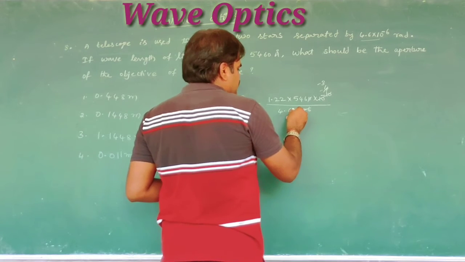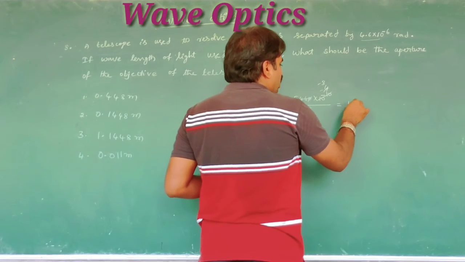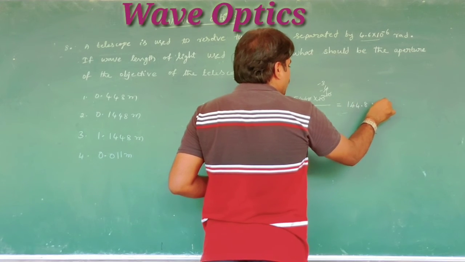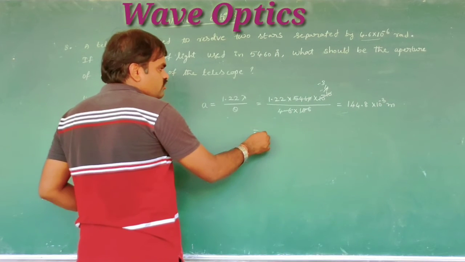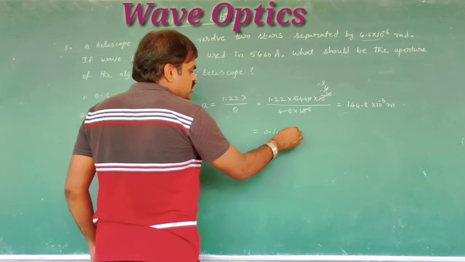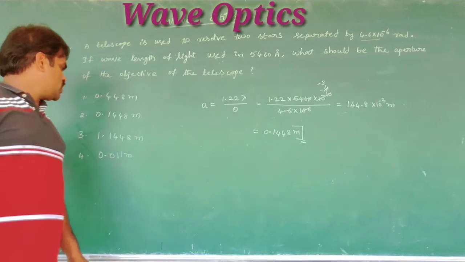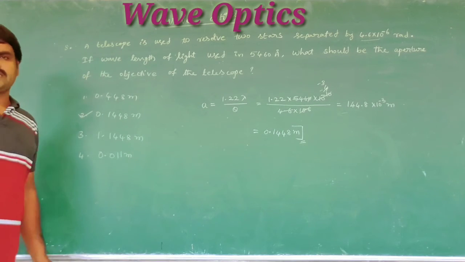Now it is cancelled. Then we will get 144.8 into 10 to the power of minus 3 meters. Then the answer will be 0.1148 meters. Now the second option is the correct one.